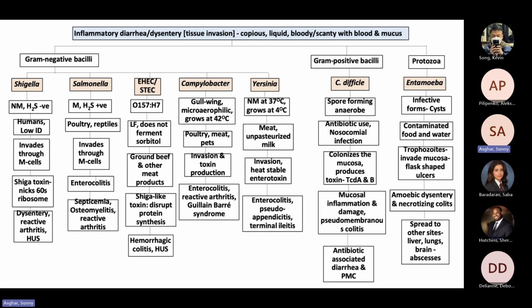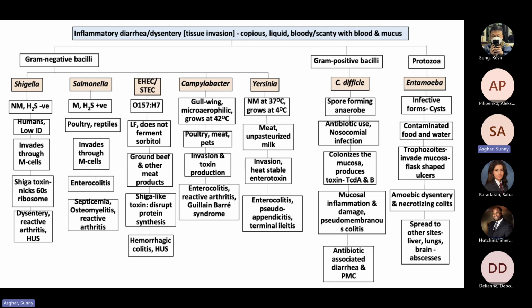A buzzword that you will see with this is pseudomembranous colitis, because it's very distinct amongst other bacteria as to what it damages, especially for the GI module.